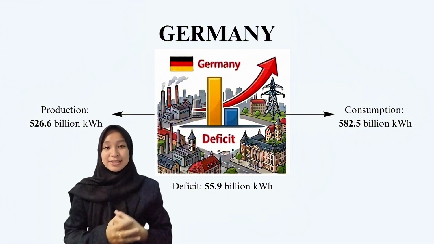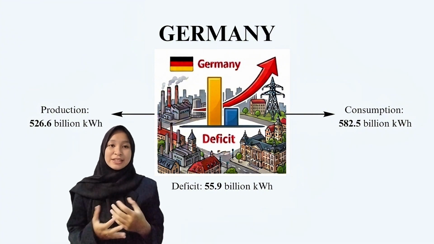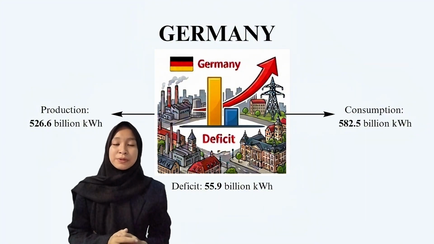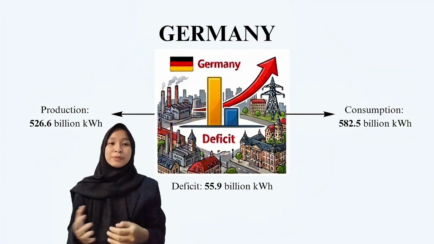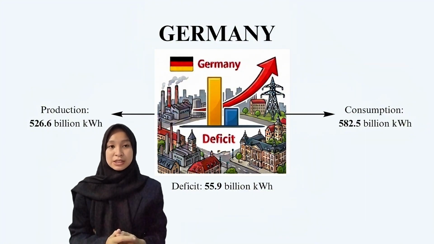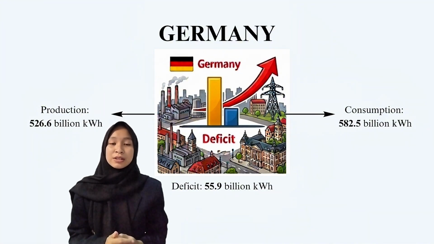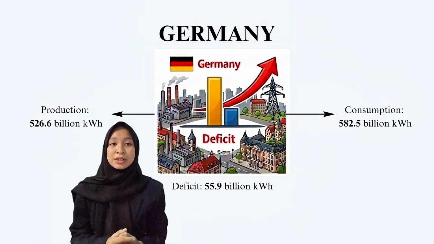In contrast with Germany, Germany experiences a different electricity condition compared to the previous countries. Germany produces approximately 526.6 billion kilowatt hours. However, the country consumes around 582.5 billion kilowatt hours.